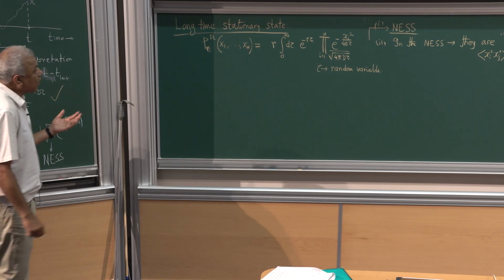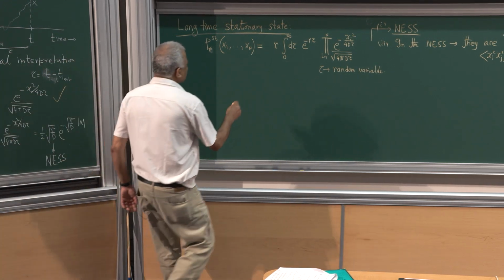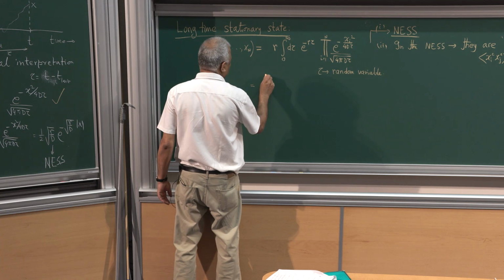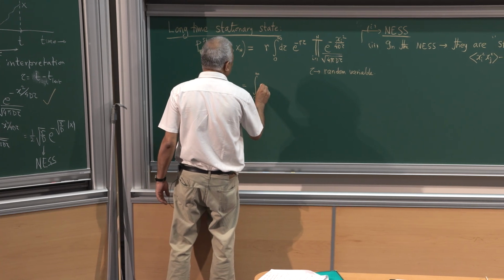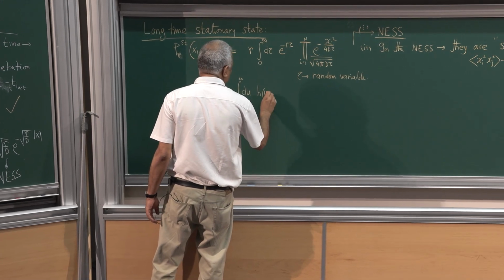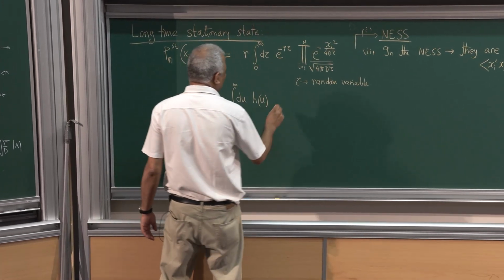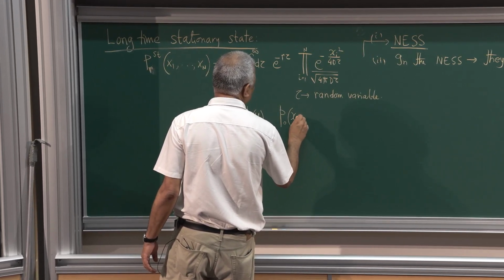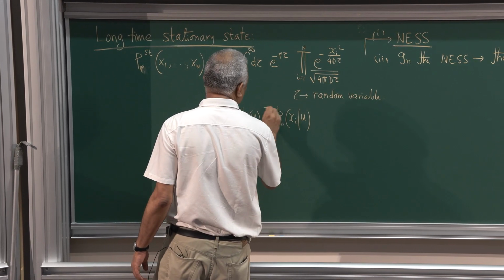So conditioned on tau, this has a general structure like this. Let's say some random variable u with some distribution, and you have p0 of xi given u.